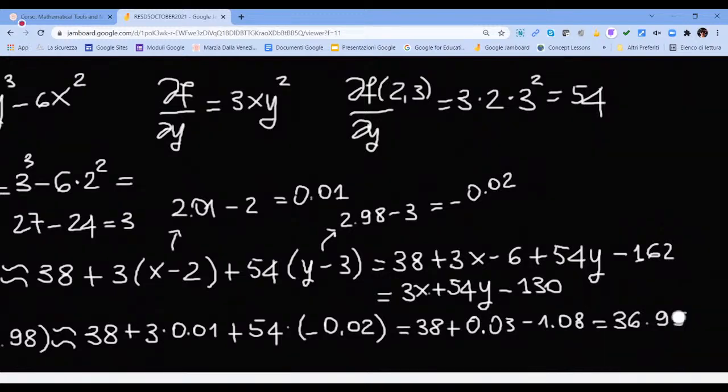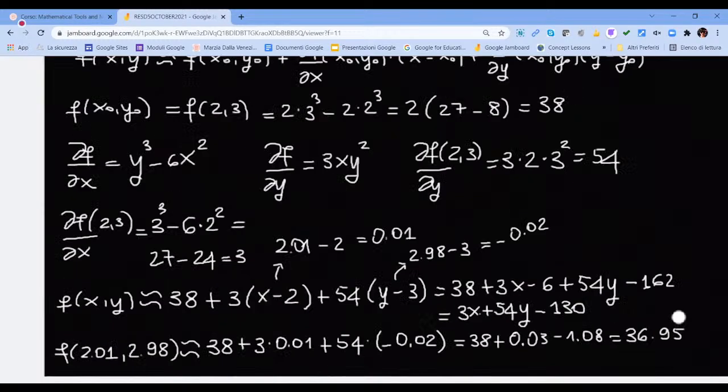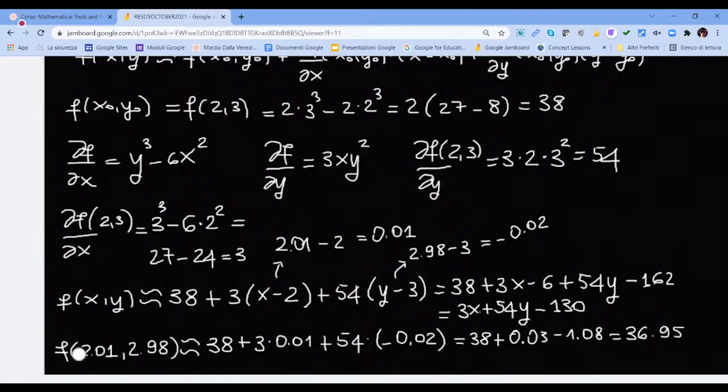So the approximate value of this function at these two values, this point, with the values 2.01 and 2.98, can be given by this formula.